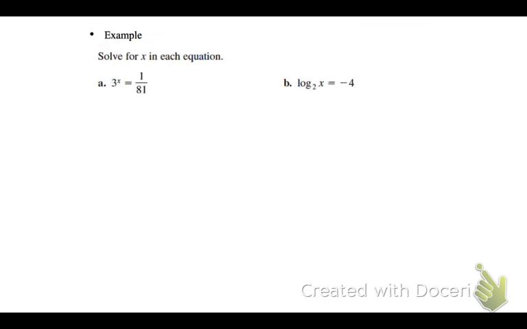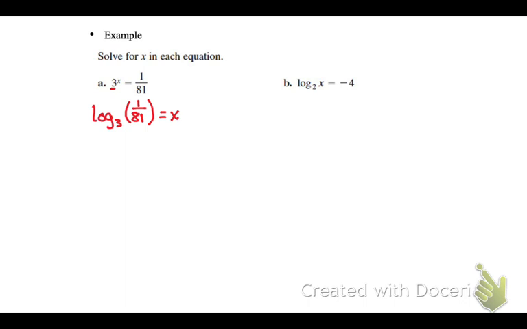Okay. So now it says solve. I can't get to the x, so I'm in exponential. I need to put it into what? Logarithmic. So it's log base what? Log base 3 of 1 over 81 equals x, right? Okay, but now I have to solve that. 81 is 3 to the 4th, correct?